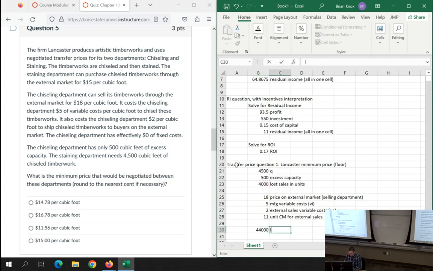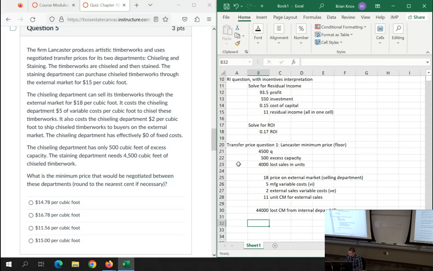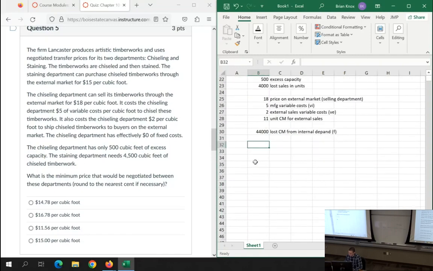So that means lost contribution margin from internal demand, call it that. That's also our F. So P equals F over Q plus V sub I. That's our equation here for the price floor.